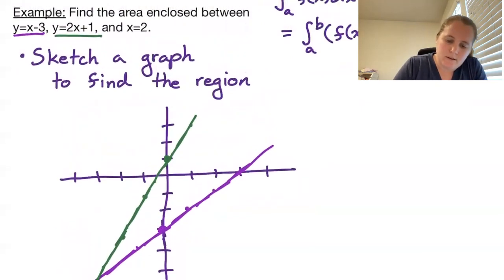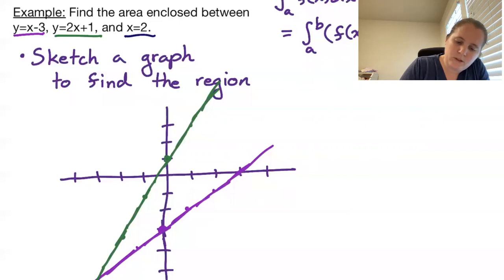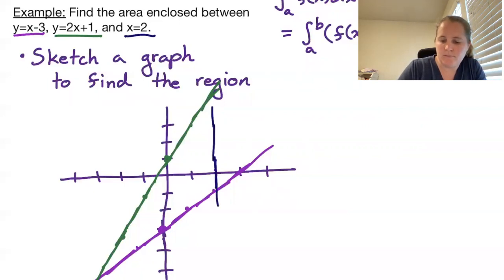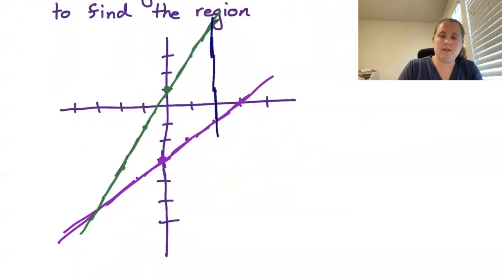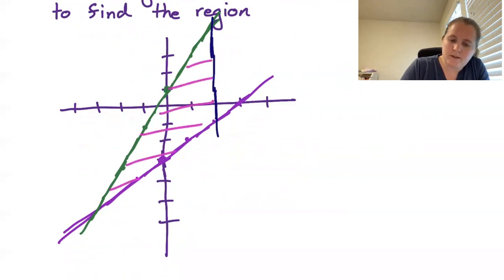And then we're also stopping at x equals 2. So x equals 2 is the vertical line that passes through x equals 2. And so the region enclosed by all of these is here. So this is the region that we're interested in, what we want to find the area of.